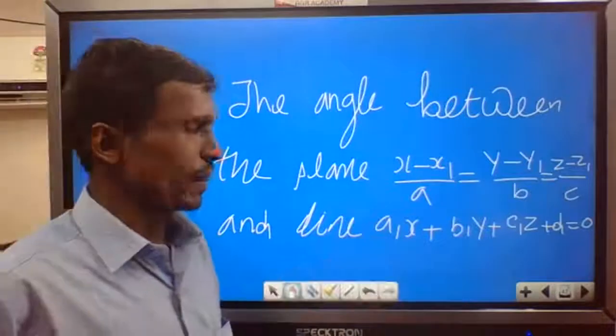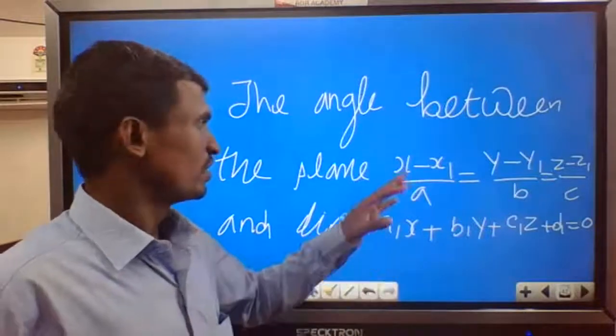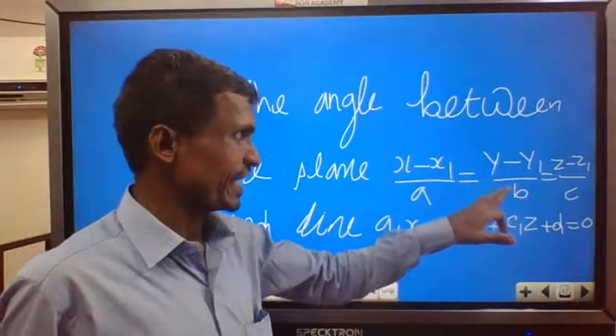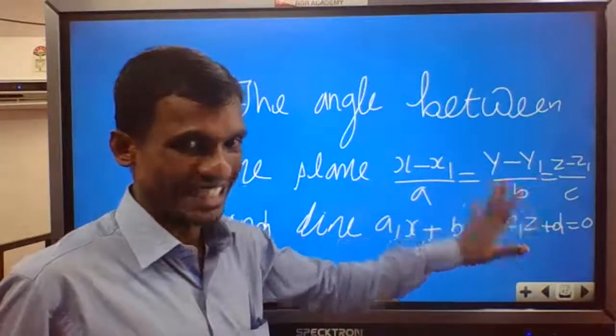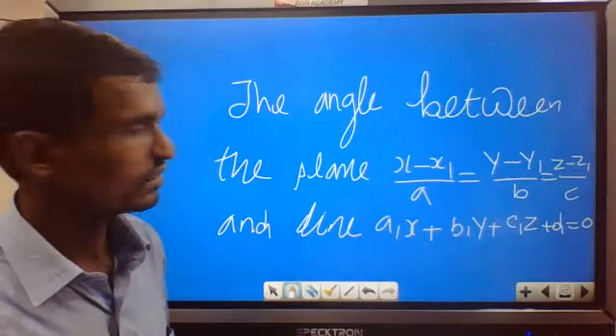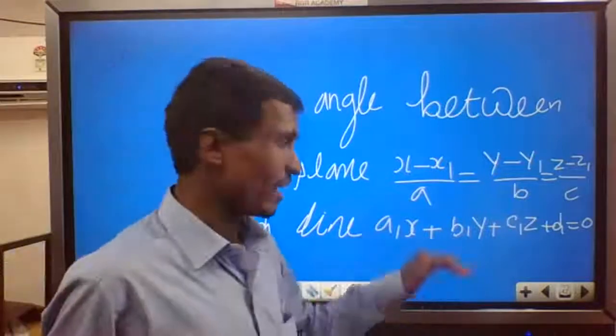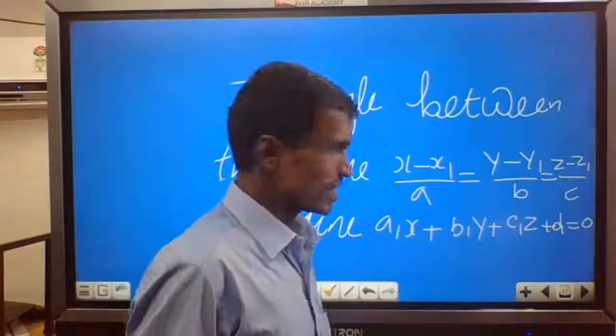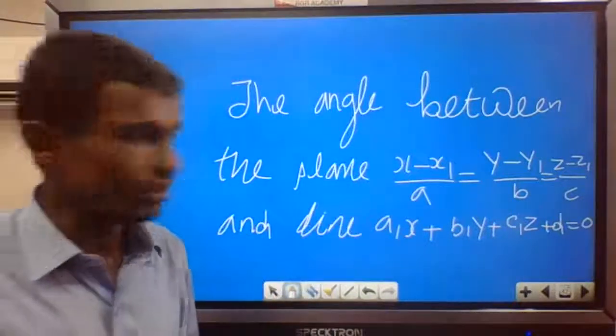The angle between the line (x − x1)/a = (y − y1)/b = (z − z1)/c, and below it the plane a1x + b1y + c1z + d = 0.